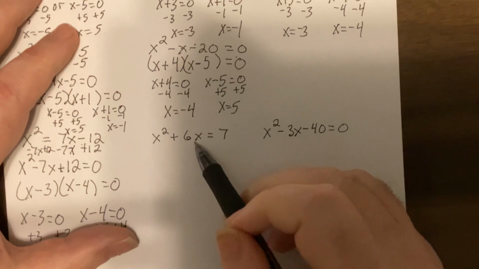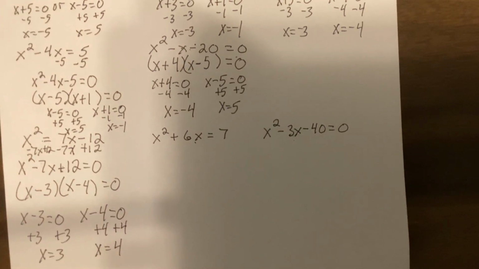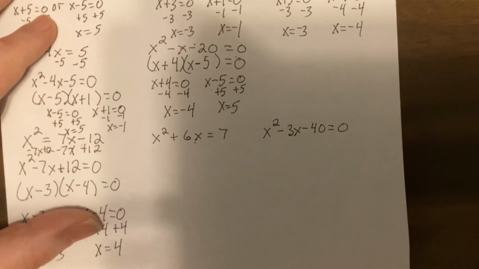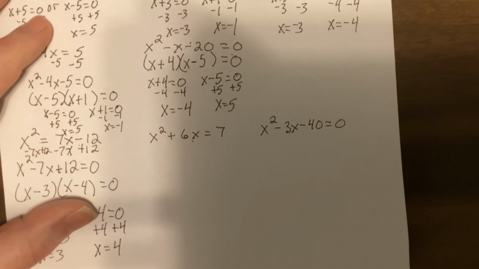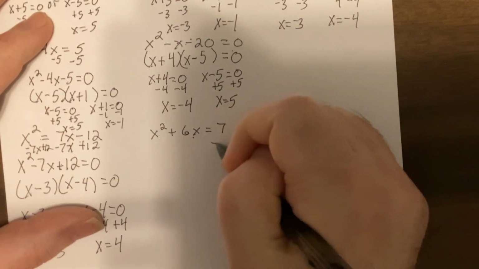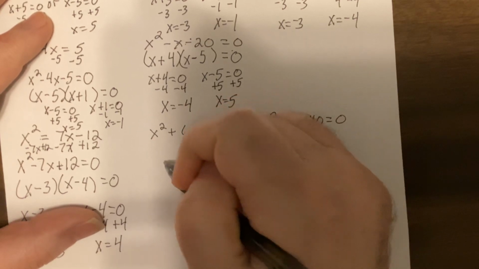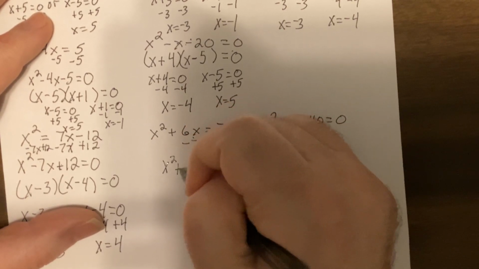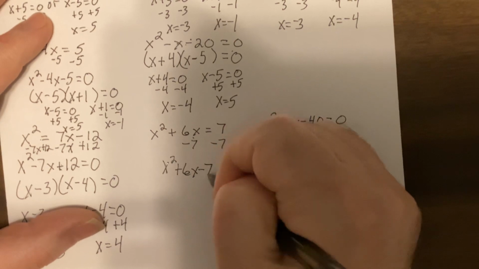See if you can do these two for me. So freeze the video, do these two, and then turn me back on and I'll do it. Okay, so I need to get it equal to 0. So I'm going to subtract 7. So it'd be x squared plus 6x minus 7.